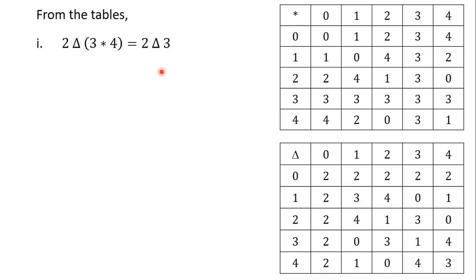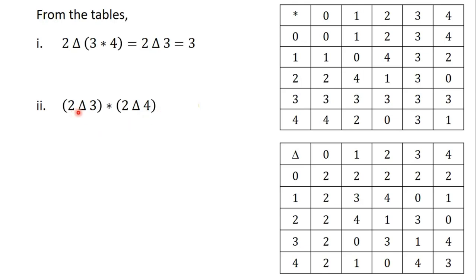Then you read 2 delta 3 from the delta table. You have 2 delta 3, which is 3. So from the table, 2 delta (3 star 4) is equal to 2 delta 3, which is equal to 3.